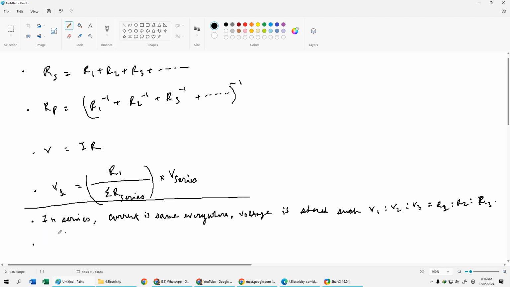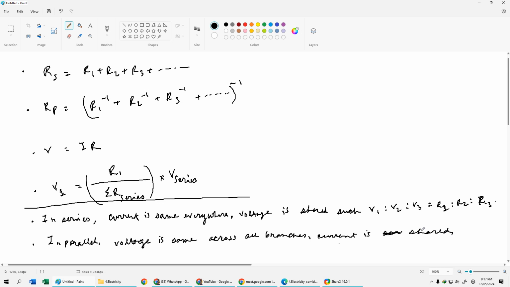As for the last part, in a parallel combination, voltage is the same across all branches, and current is shared such that the formula for current sharing is I1 : I2 : I3 equals 1/R1 : 1/R2 : 1/R3 in that ratio.